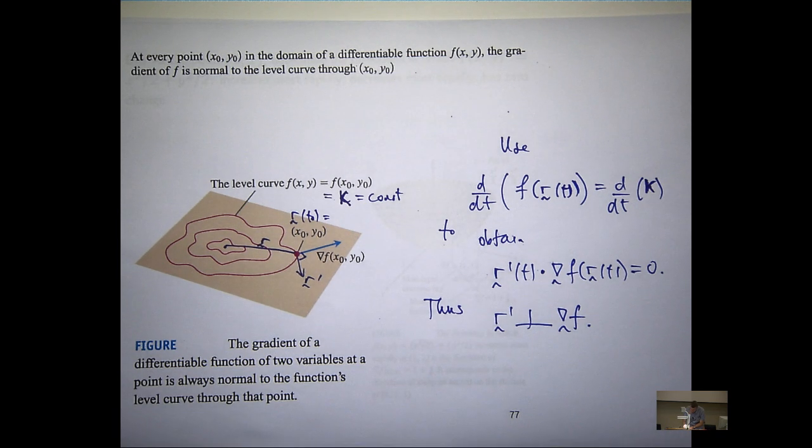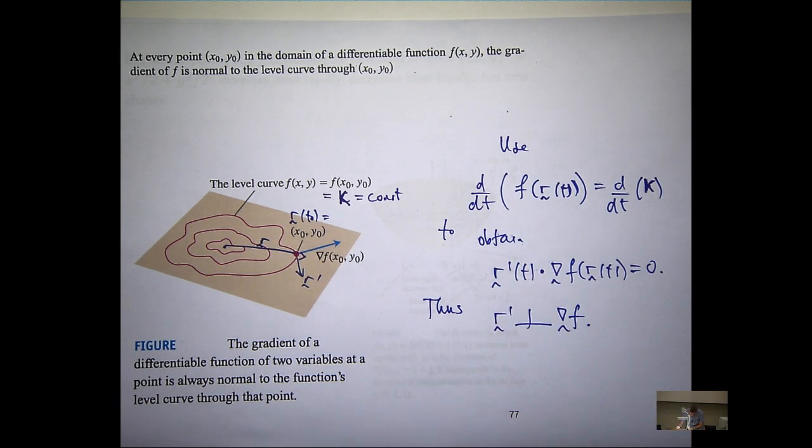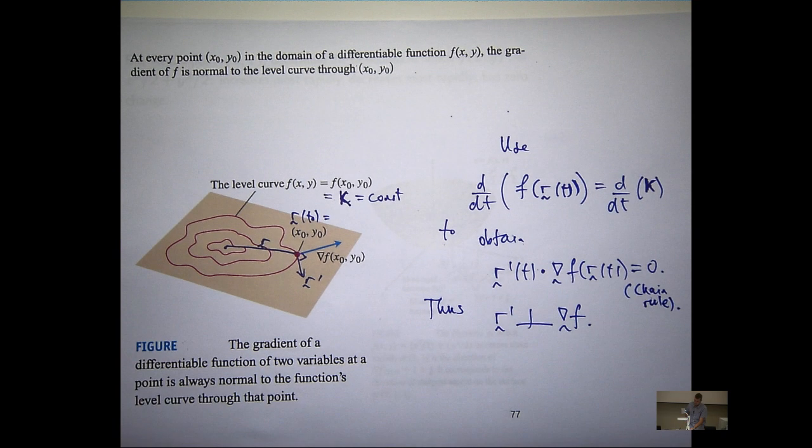So parameterize the curve, look at the tangent vector, and show that the gradient and the tangent vector are orthogonal. If you're worried about how I got from here to here, well, it's just the chain rule. And the nice thing about this is that it's written in a real compact form. You can go back and verify it, but we'll also look at it in a minute. Anyway, let's do an example.